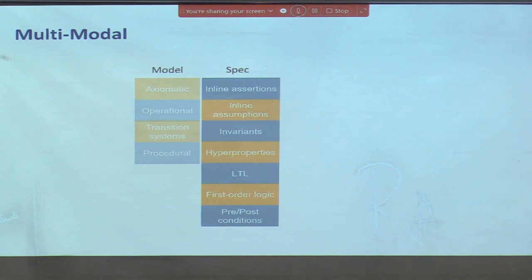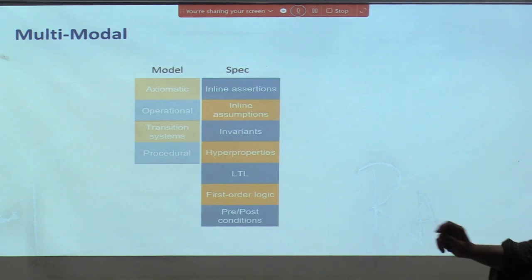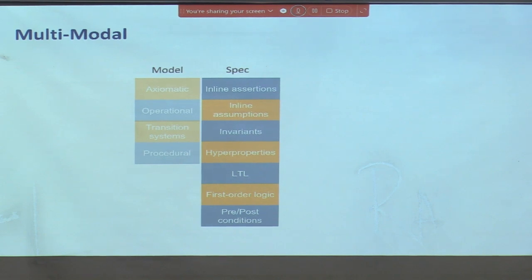Now if I have a fully axiomatic model where I have traces and I'm just imposing properties on traces, I have no way to essentially do model checking based on PDR on that model. But in some sense, as you said, semantically there is no difference. Like if I write an operational model, I ought to be able to translate into an axiomatic model and vice versa, right? So with our approach, you can do that.